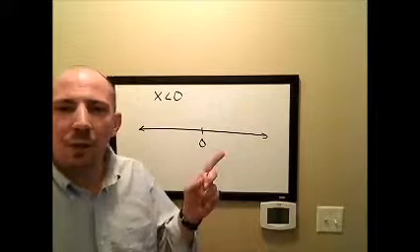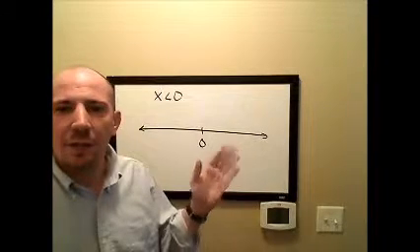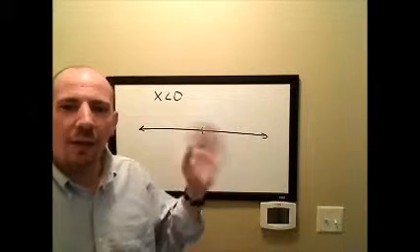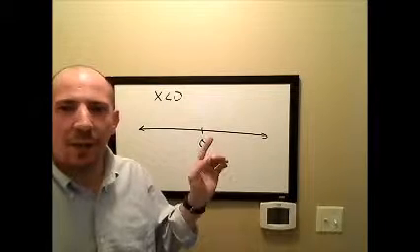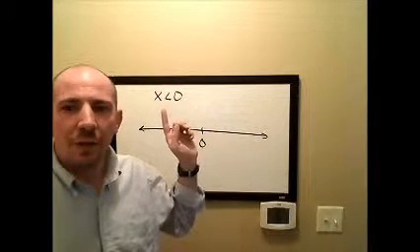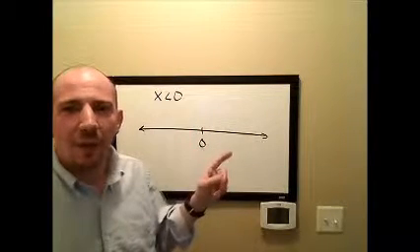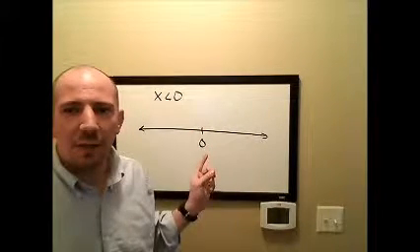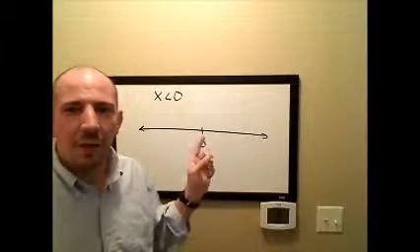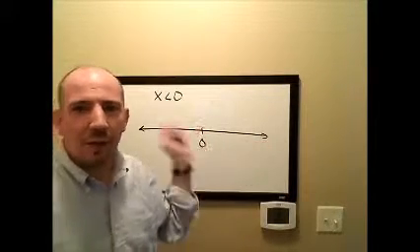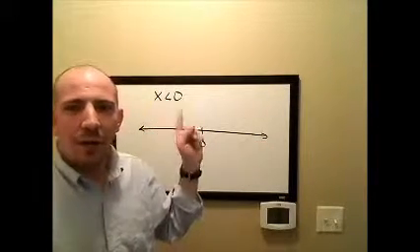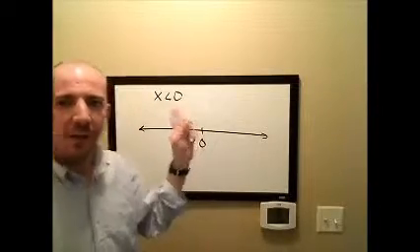Okay, so this is why we always flip the direction of the inequality sign if we multiply or divide by a negative number. Let me start out by showing you this inequality. It says that x is less than 0. So here I have my graph, and here's 0, and there's positive infinity over there. Here's negative infinity over here, and I'm going to graph x is less than 0.